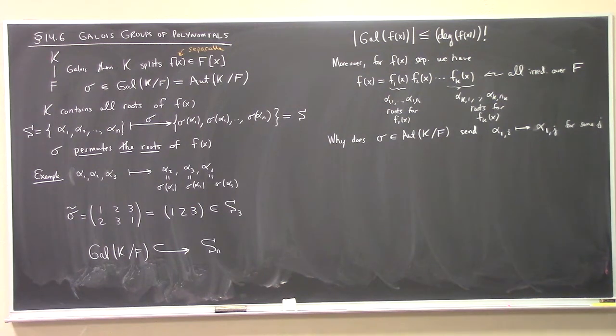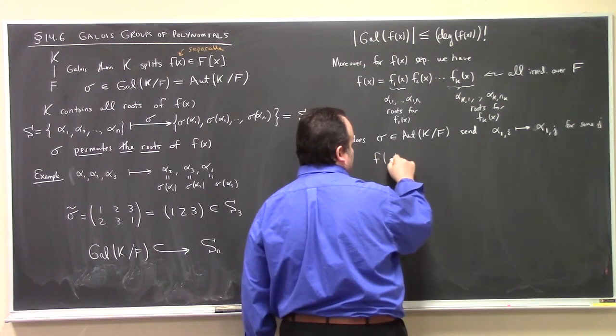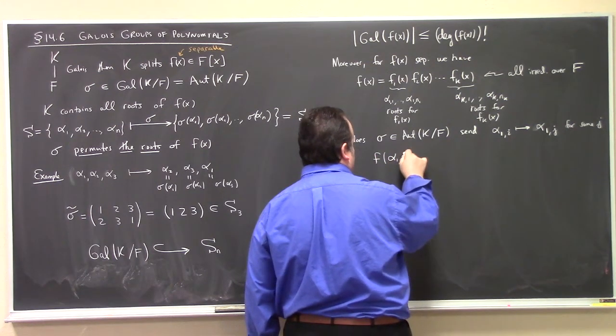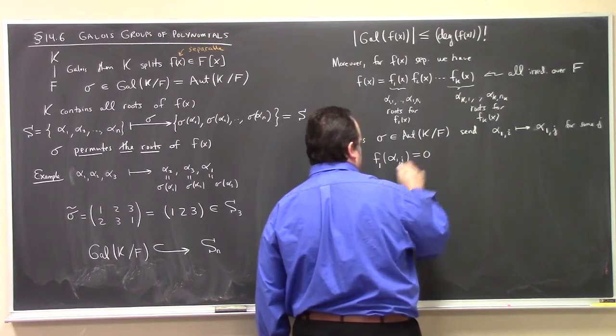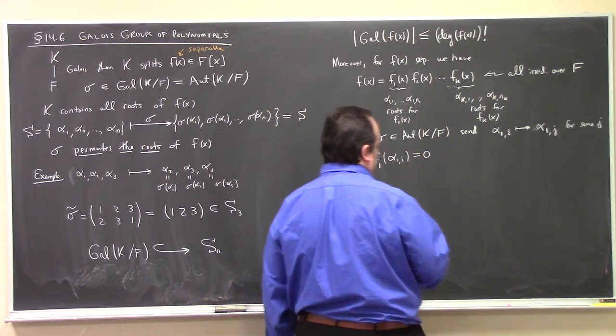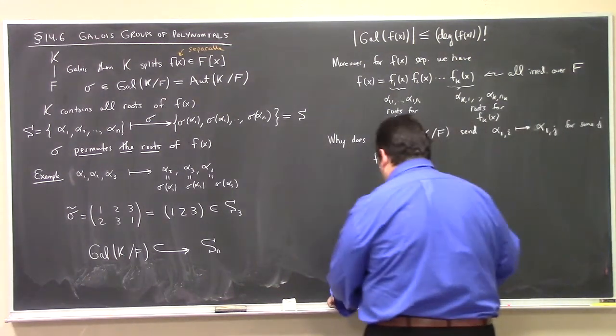So we're given f1 of alpha 1,i equals 0, right? Well, this is how I interpret his question. Let me just, one second.